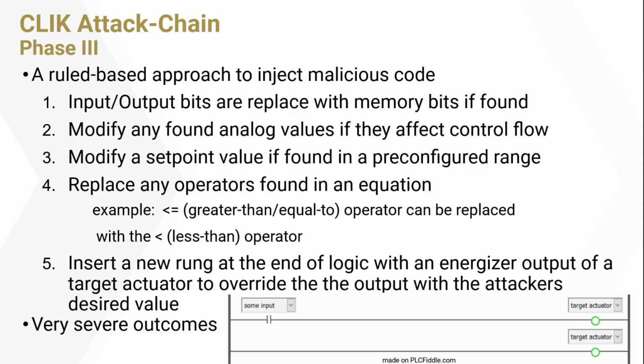Additionally, Rule 5 states that they're going to insert a new rung at the end of the logic with an energizer output of a target actuator. And just to better visualize that, I also included this, which, let's just say there's some input that they found that goes to this target actuator. Now, this target actuator would not be green because this input wouldn't be on.